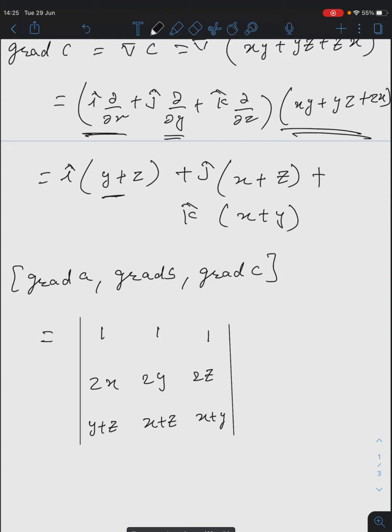Now calculate this determinant and tell me the answer. Done? Simplify it and tell me the answer. Determinant part you calculate.